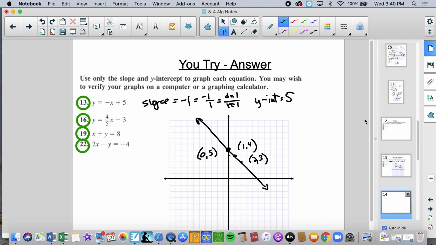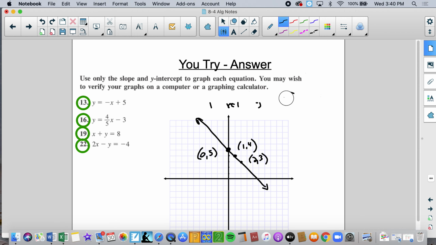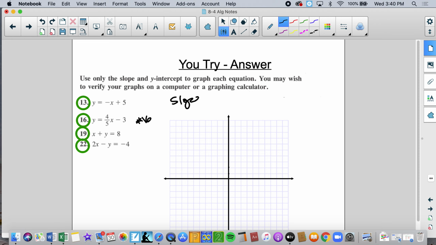Let's clone this page. Let's erase this. That was number 13. This is going to be number 16. So number 16, my slope equals 4/5, and my y-intercept equals -3.